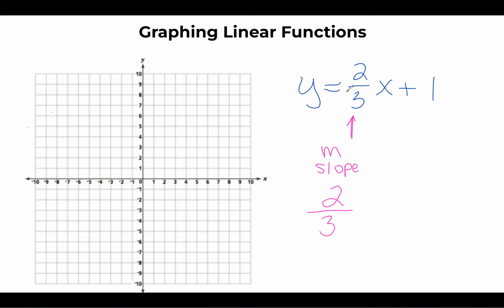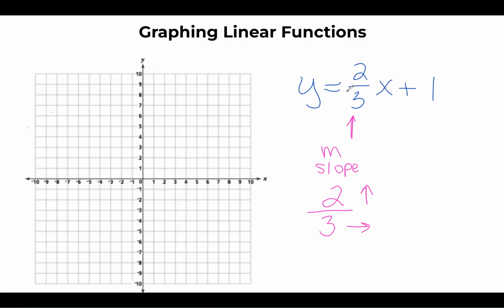You can rewind if you need to check out the signs and the direction, but as a recap, if your top number is positive, that means you will be moving up. With your denominator, since it is a positive number, that means I will be moving to the right. Now, I like to indicate this first before I actually start putting things on the graph. What we need to understand is slope is telling us what direction to move from the y-intercept.